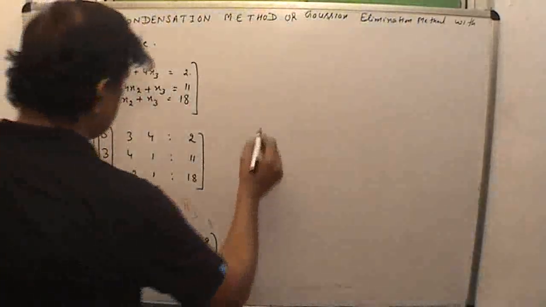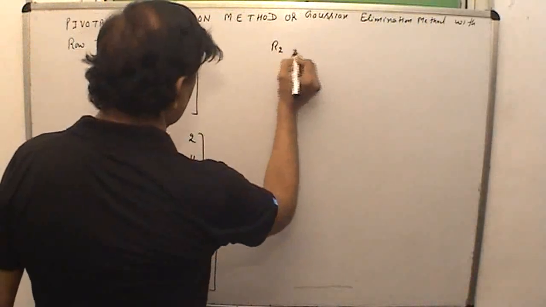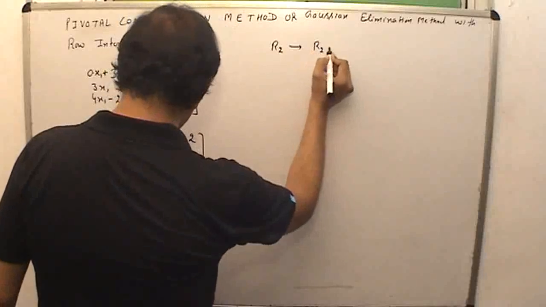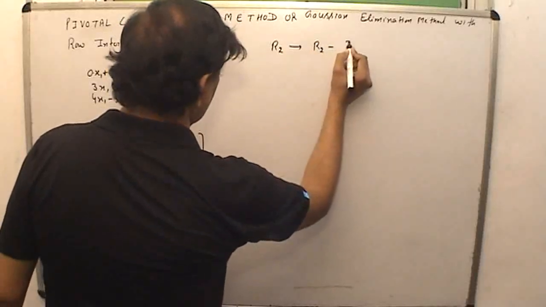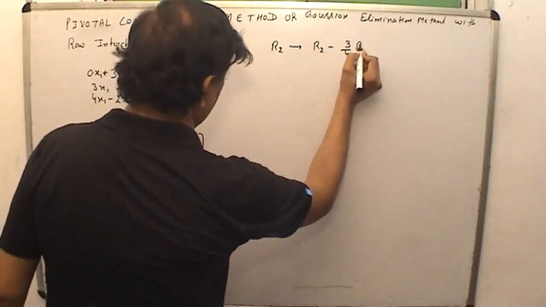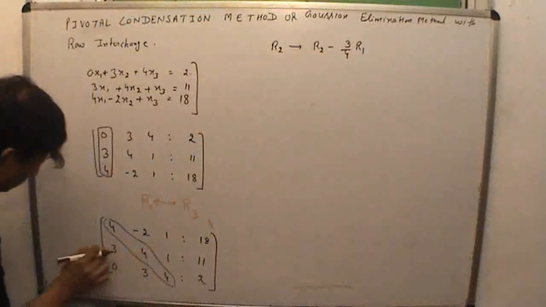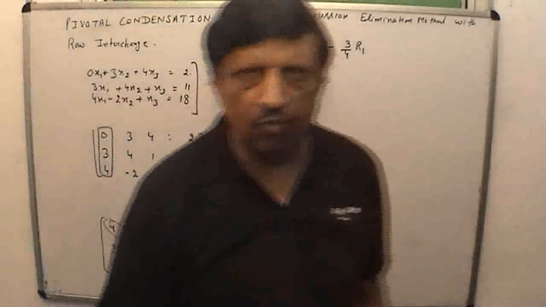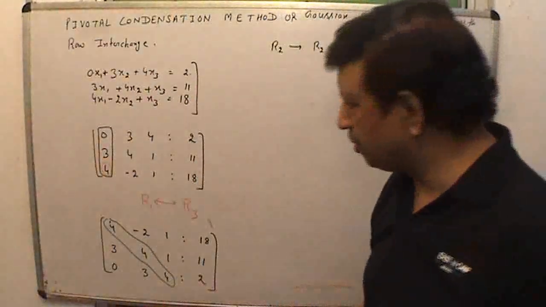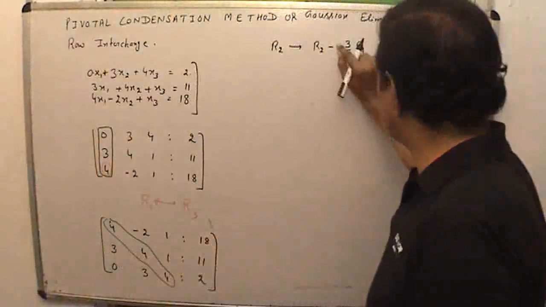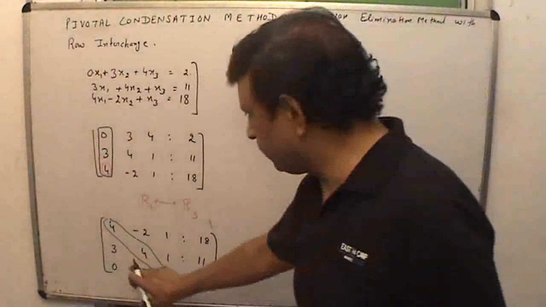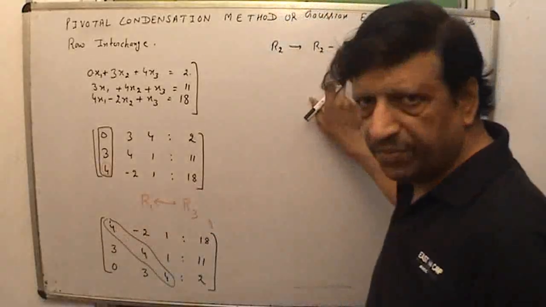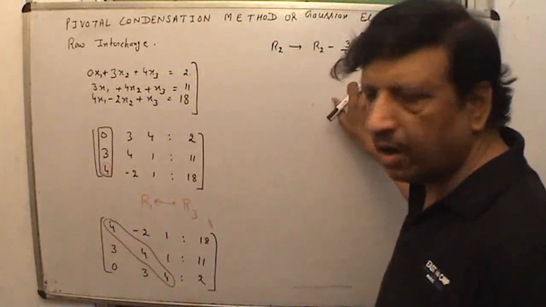Here we say the operation R2 changes to R2 minus 3 by 4 R1. The element we want to dissolve into 0 we keep in the numerator, and the first row element in the denominator, multiplied by R1.